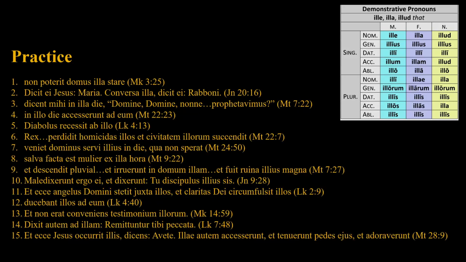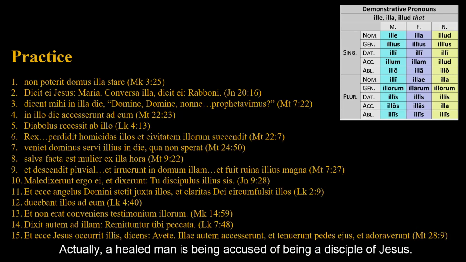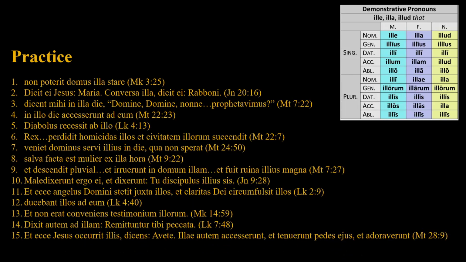Now we know from the context, they're saying, you are the son of the devil, right? Tu discipulus illius sis. So, of that one, referring to the devil. You are the disciple of that. And then we have to figure out from the context what is the that, and the that is Satan.